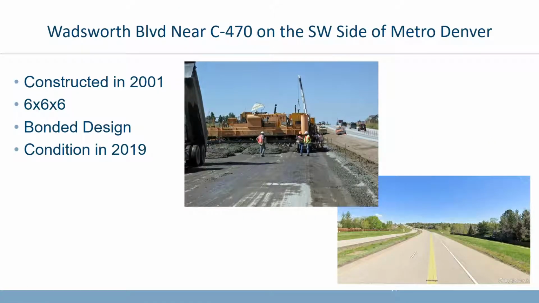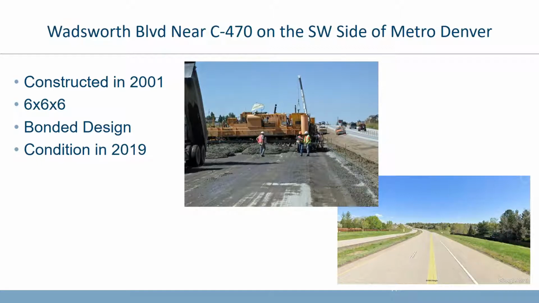This is a photo of a project that I just wanted to share with you. It's Wadsworth Boulevard near C470 on the southwest side of Metro Denver. It was constructed in 2001. It actually was the 6x6x6, 6 inches thick, and 6x6 panels that you'll hear about and see in the guide as maybe one of the standard things that we're doing today with the thinner overlays.